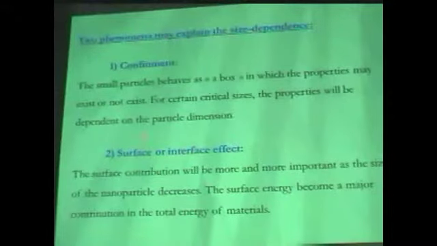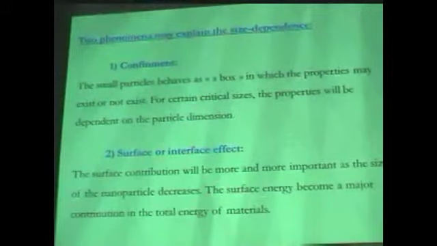And the second phenomenon is the surface or interface effect. The surface contribution will be more and more important as the size of the nanoparticle decreases. Two days ago we saw that, for instance, for nanoparticles of 2 nanometers, around 50% of atoms are at the surface.